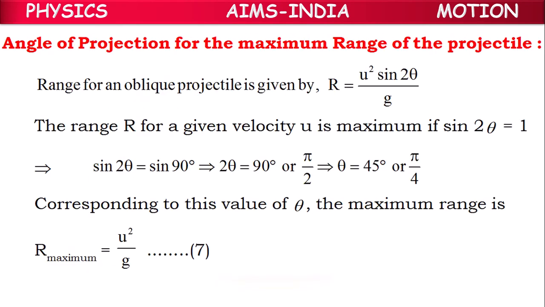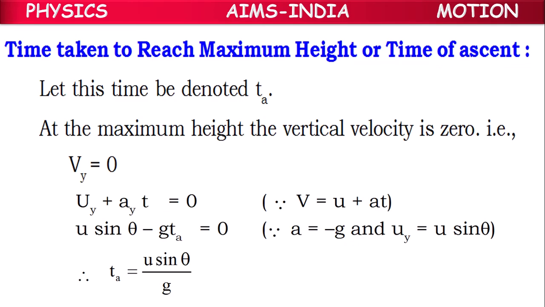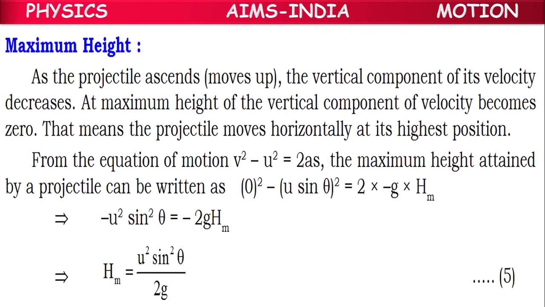Okay, children. So what we have learnt? We have learnt about time of ascent, which is equal to time of descent. If we add both, it will be equal to time of flight. And we have learnt to derive the equation of maximum height, which is equal to u square sin square theta by 2g.